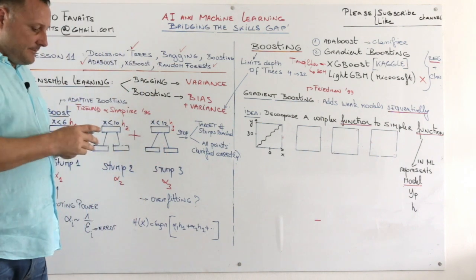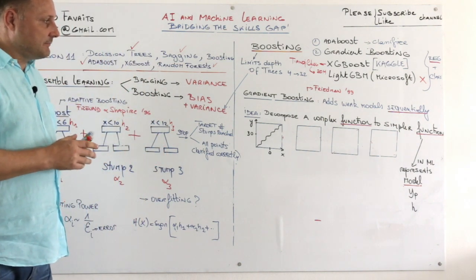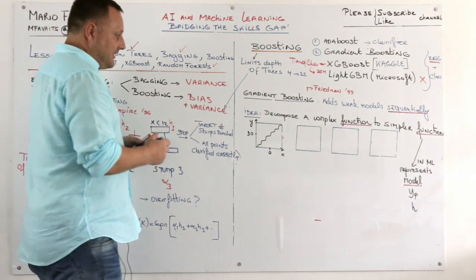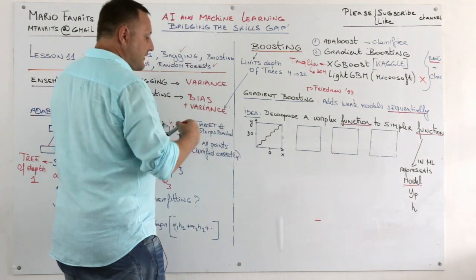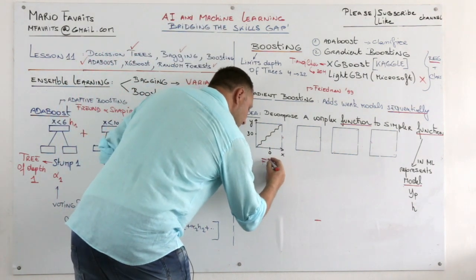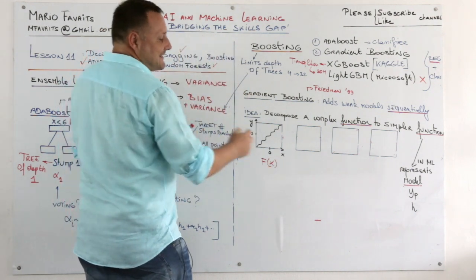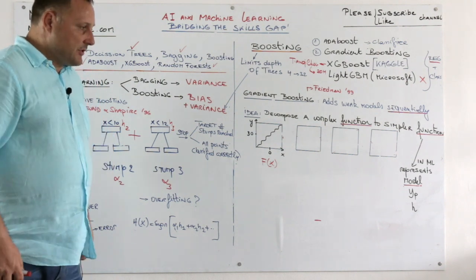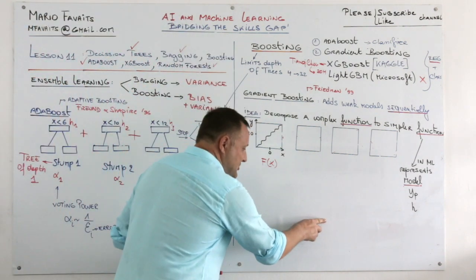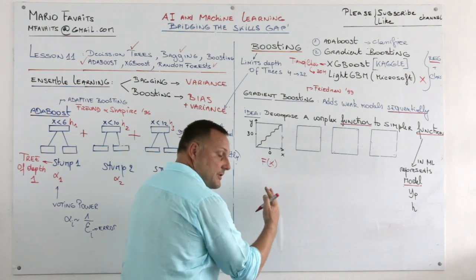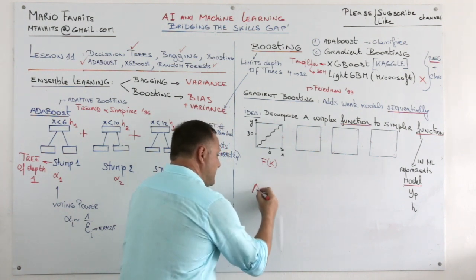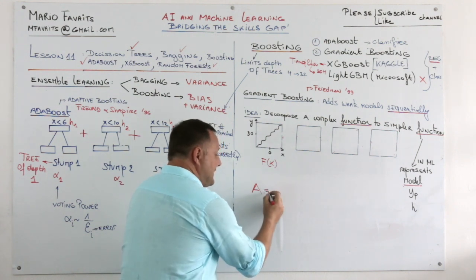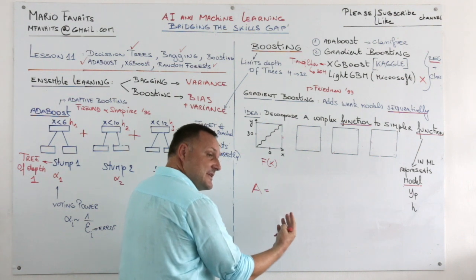The basic idea behind gradient boosting is something that we call additive modeling. What is additive modeling? Well, you decompose a complex function, f of x, into a series of base functions or simpler functions. Remember, in the dimensionality reduction section, which is optional, we discussed singular value decomposition. You have a matrix A, and a matrix is a transformation in space.